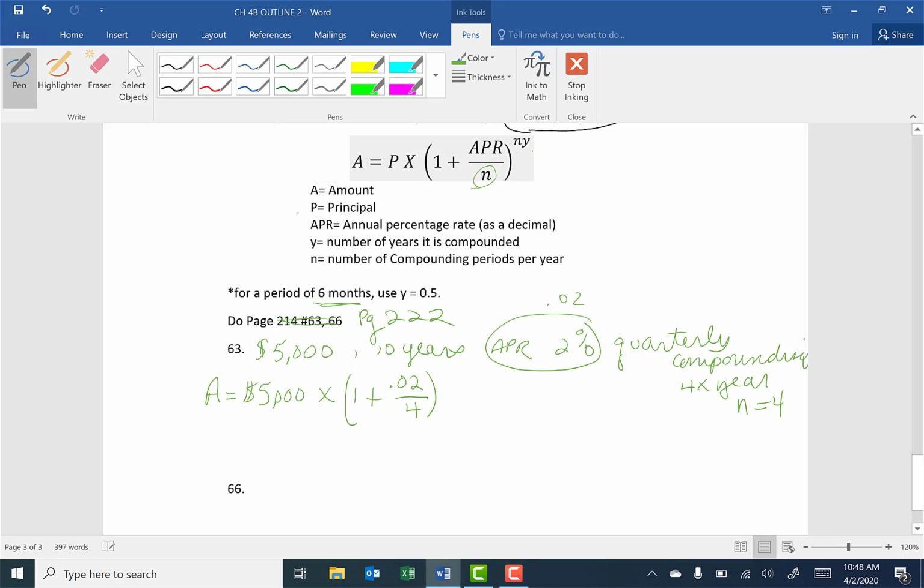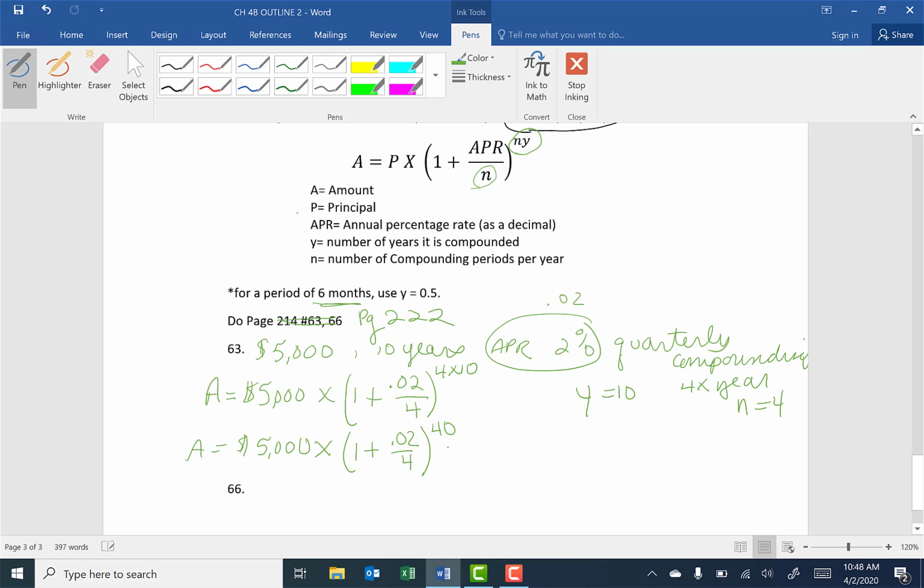And that is all raised to the N times Y. N is 4, and our Y is 10 years, so this is 4 times 10. So that equals 5,000 times (1 plus 0.02 divided by 4) to the 40th.